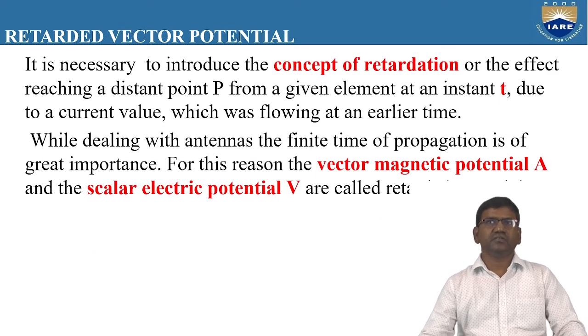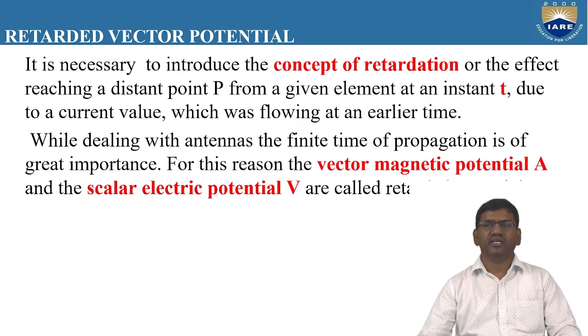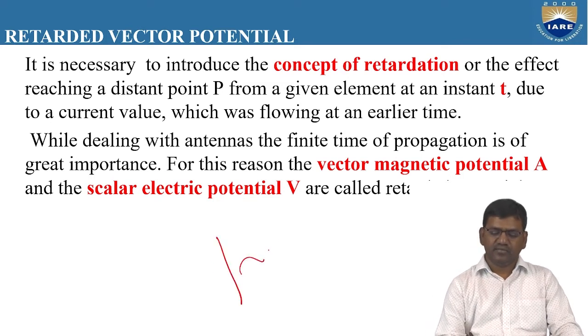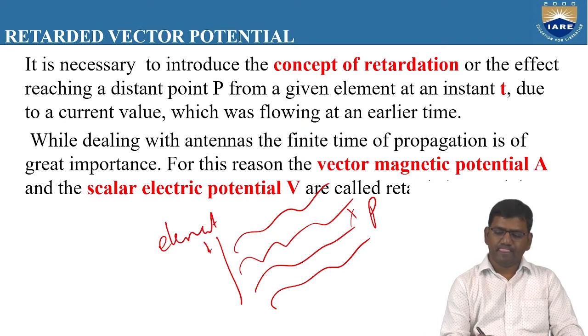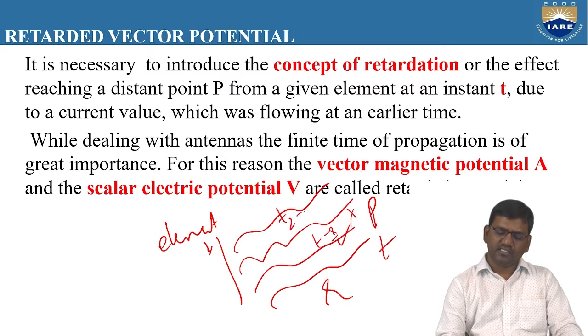So it is necessary to introduce the concept of retardation. The concept of retardation is nothing but the effect reaching a distant point P from a given element at an instant t due to a current value which was flowing at an earlier time. That means if this is a conductor element, some effects or fields are produced at a distant point P. These are reaching at t, these at t minus R by v, and these at t2 minus R by v.